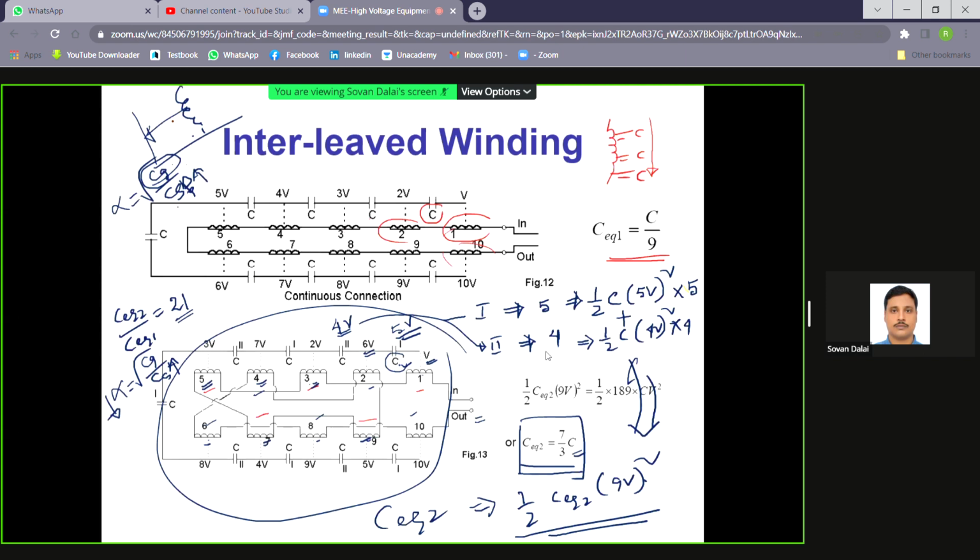So commercially, those discs which are subjected to the maximum voltage, as I already mentioned, a few discs nearest to the live conductor, that is 2 to 3% of the discs, only in those cases we connect the winding in interleaved fashion. Otherwise the rest of the winding is connected in continuous fashion. Clear?